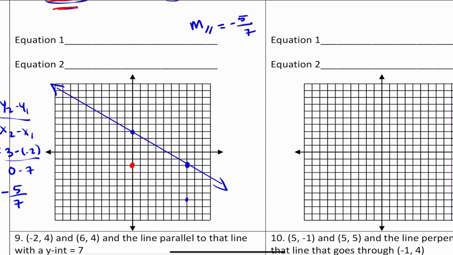This was down 5, right 7, so I'm going to go up 5, left 7. 1, 2, 3, 4, 5, and 1, 2, 3, 4, 5, 6, 7. There we go. This is how you do it.